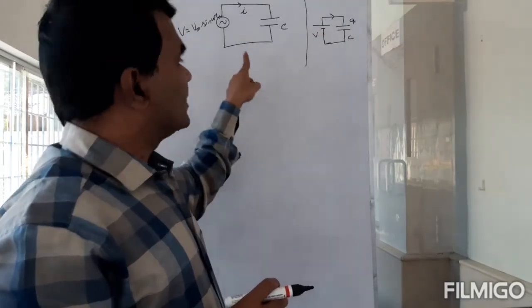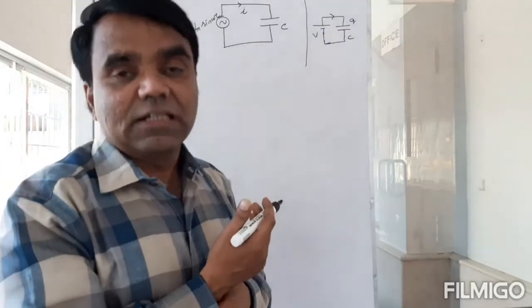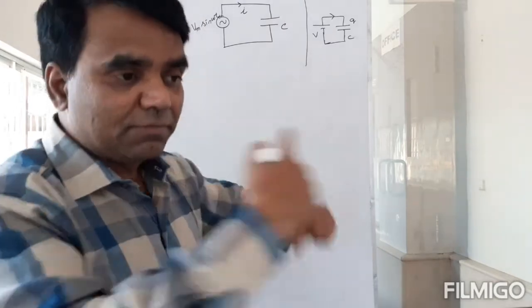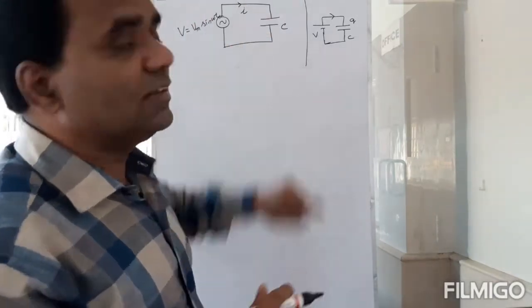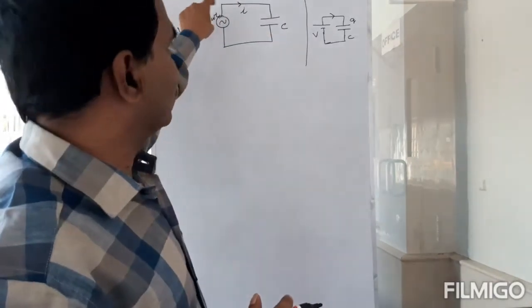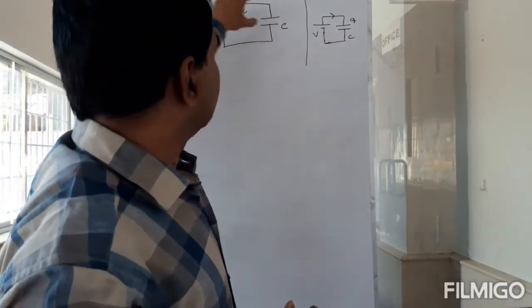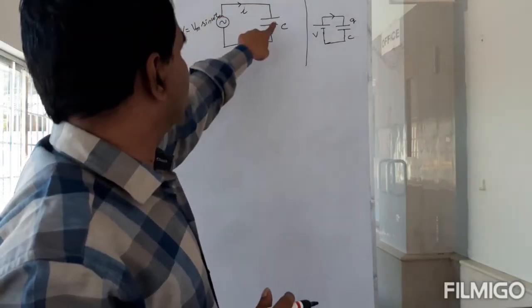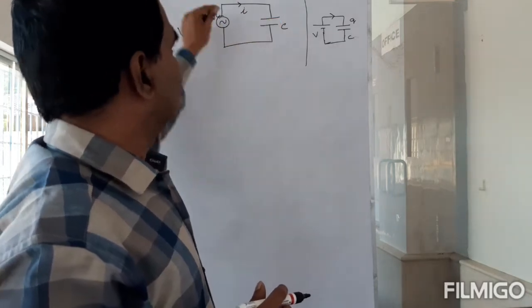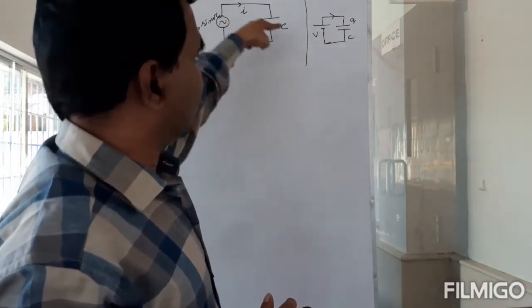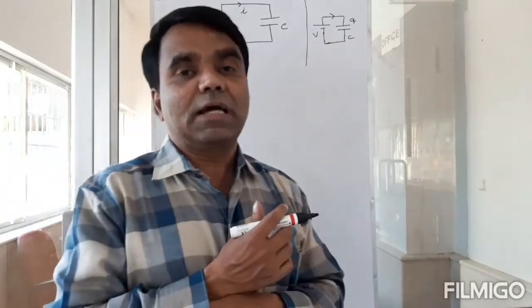Unlike this, we will have continuous current. Not a constant current, but a continuous current flowing in the circuit, because the voltage is changing all the time. So if the voltage across the capacitor is greater than the source voltage, it will start discharging. If the source voltage is greater, then the capacitor will start charging. So that will always happen.